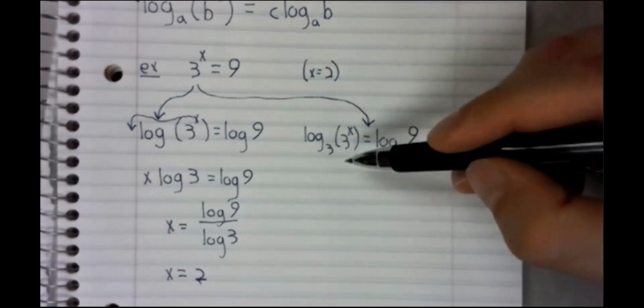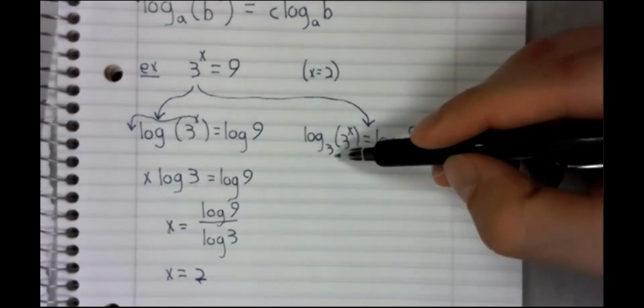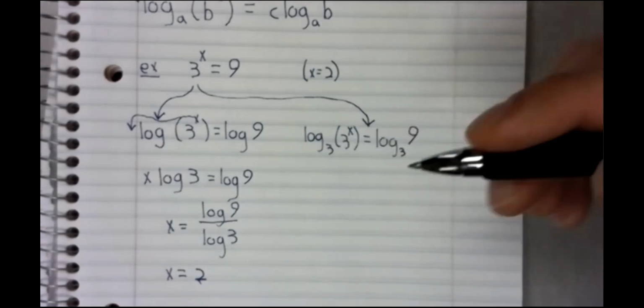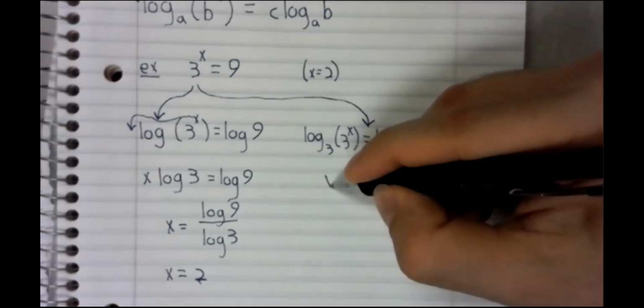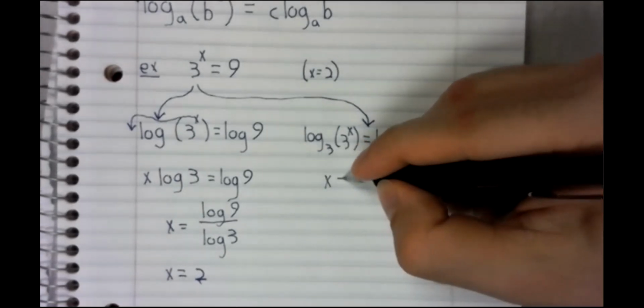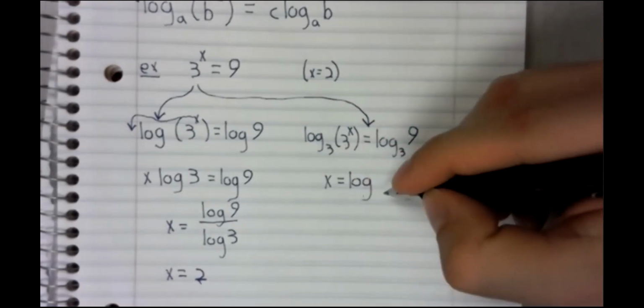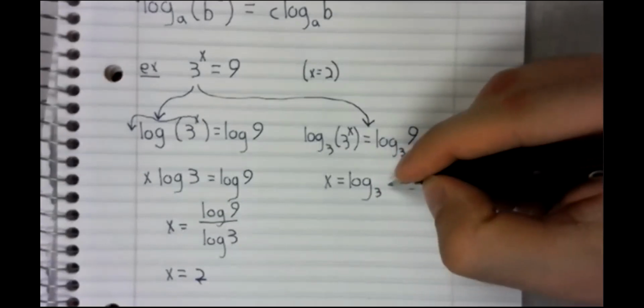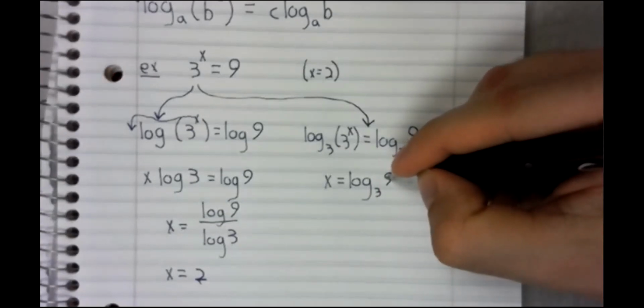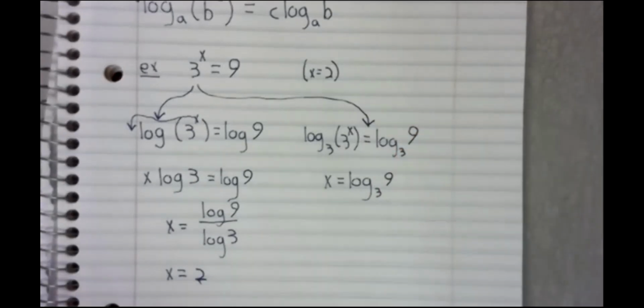On the left, now our bases are the same. We would have had cancellation. X equals the logarithm base 3 of 9.